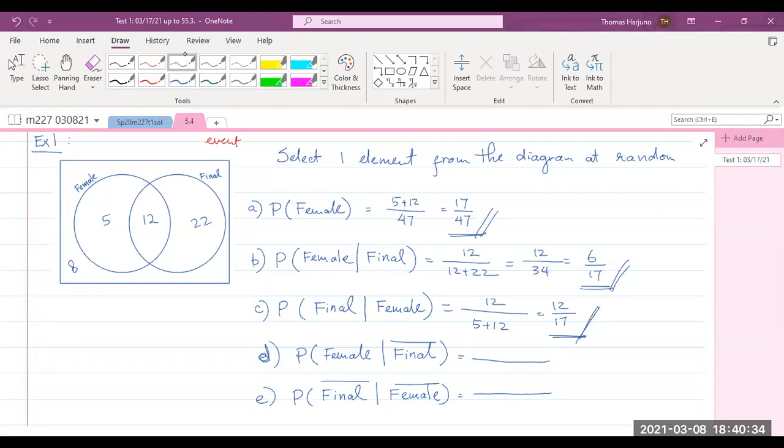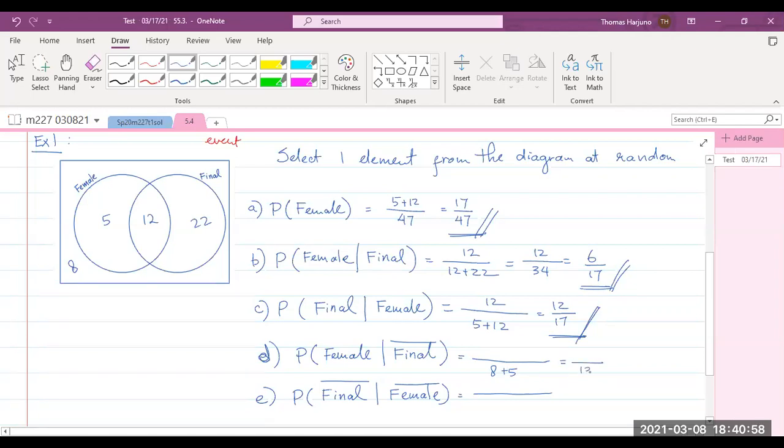Okay, let's start. For part D, we start with the condition. How many people not taking final? 8 and 5. Right, there are 13 people not taking final.